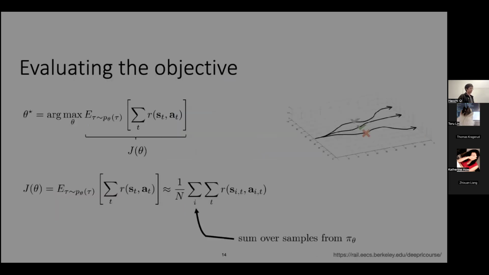And now a more mathematical formulation. This is directly taken from the reinforcement learning class at Berkeley. The first equation is essentially the objective of reinforcement learning. We want to find the policy parameters theta, which are the neural network weights, that maximize the expected return. In practice you do not have the expectation, but only a set of maybe hundreds or thousands of trajectories, and you evaluate it by averaging over all these trajectories.